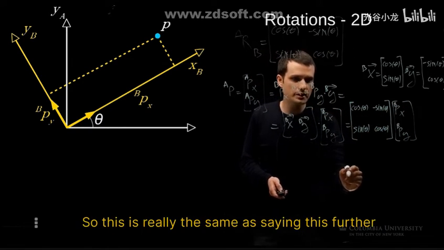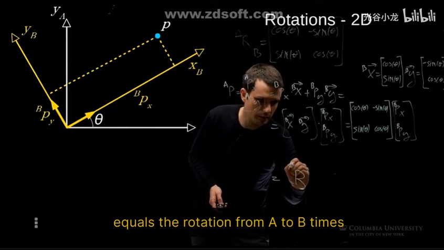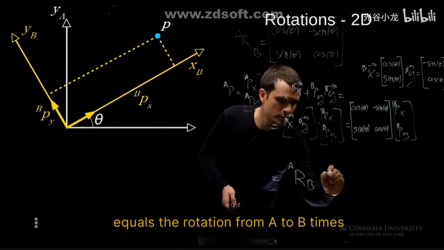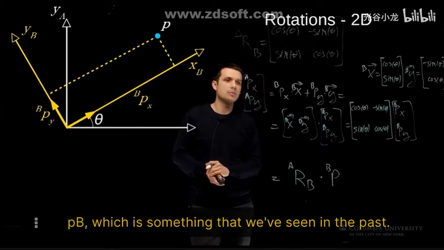So this is really the same as saying this further equals the rotation from A to B times PB, which is something that we've seen in the past.